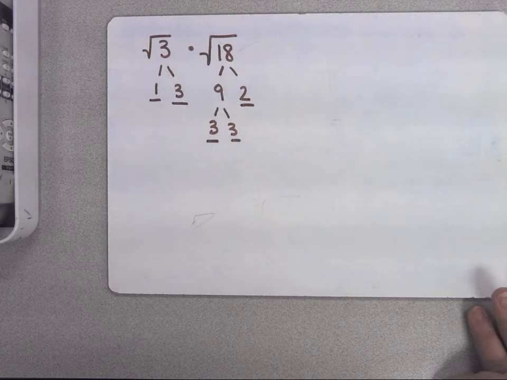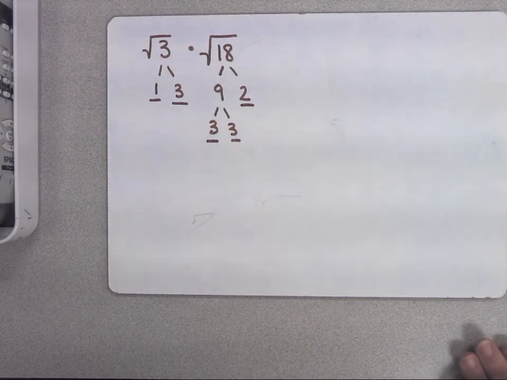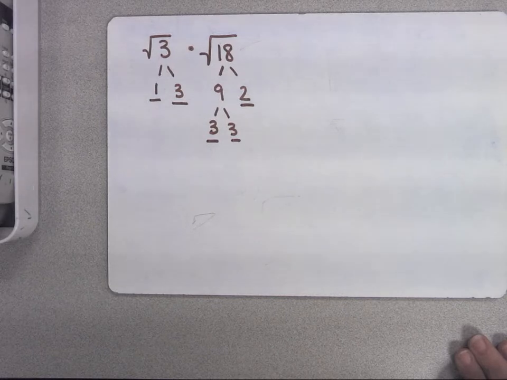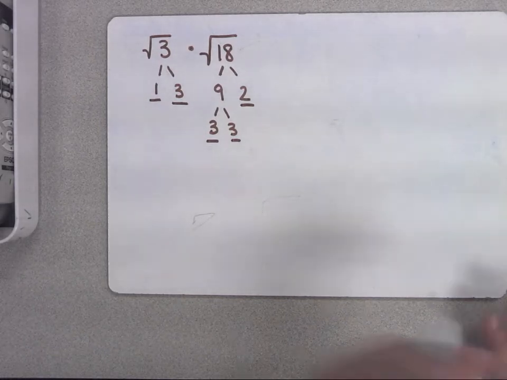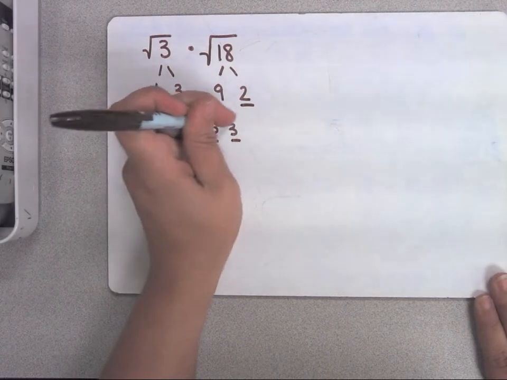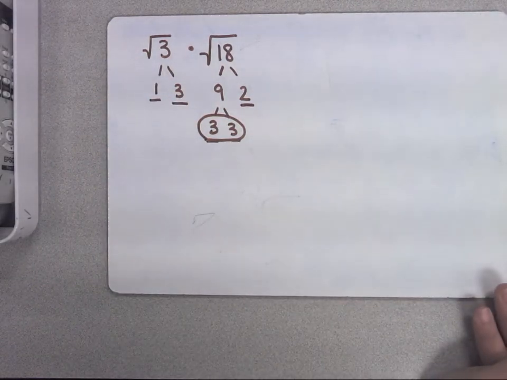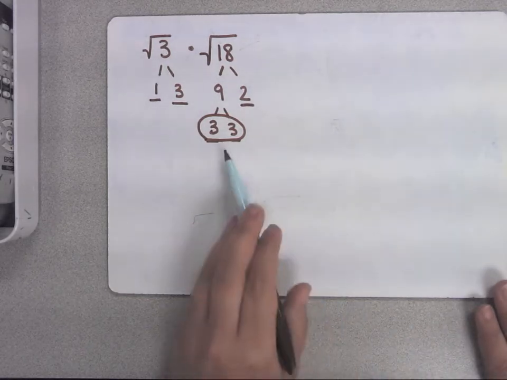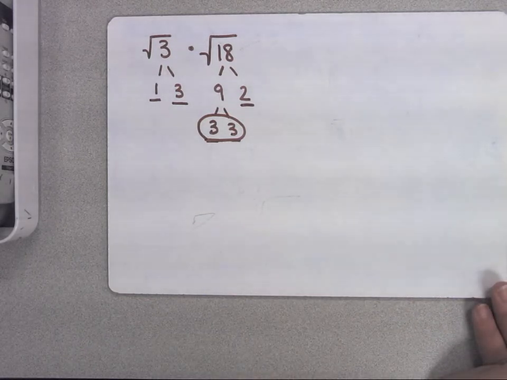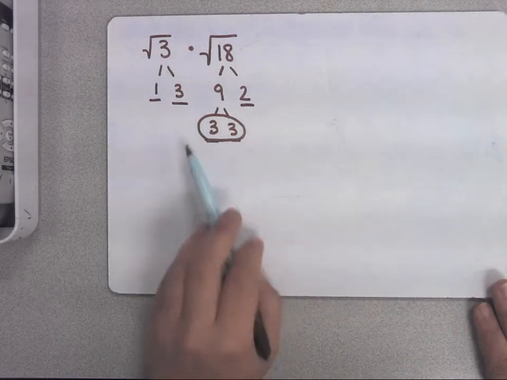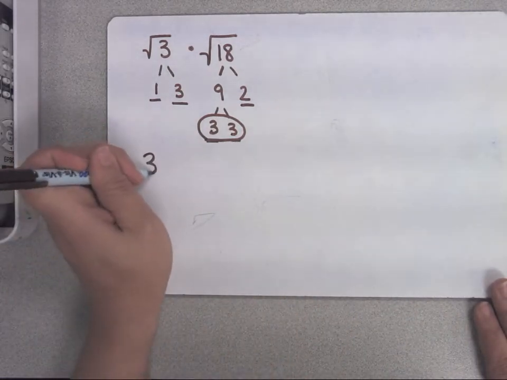After we broke it down and we have all underlined things at the end, what do we do? We circle the duos. Yeah, 2 of the same. So I have 2 3s right there. Do I have 2 of any other numbers? No. What do we do with a thing that's circled? We say this is one group of 3. So I'm going to write 1 3.